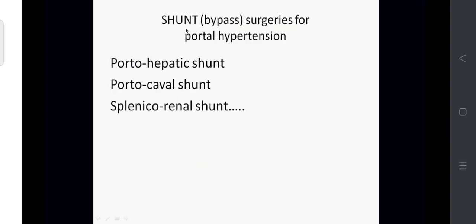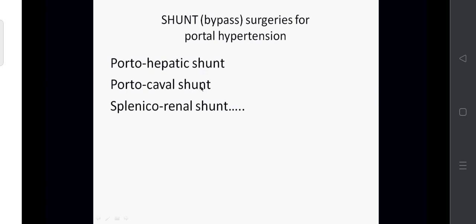So in such conditions where there is portal hypertension, the pressure in the portal vein can be reduced by bypass surgeries, also called shunts.